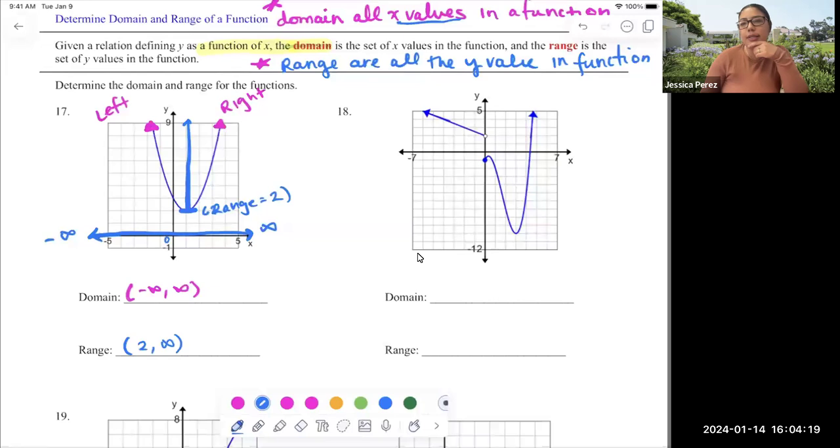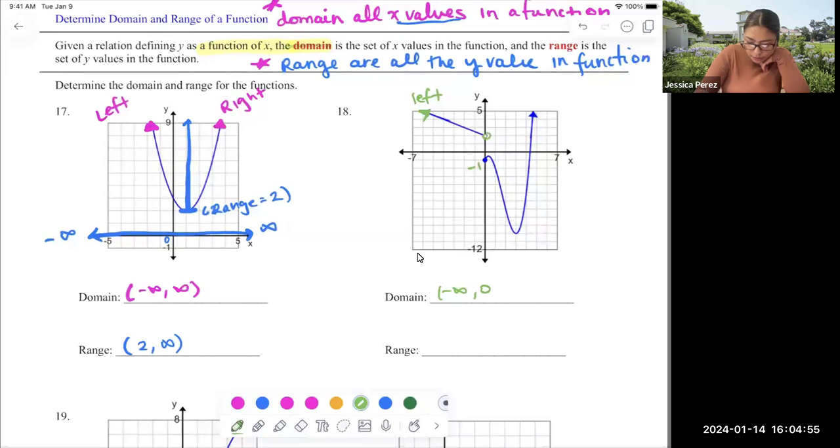Okay? Now, this is a nice smooth graph. Number 18 is different because 18 is split. So we're going to have 2 different values. So if we look at our x's, it begins all the way to your left. So it's going to be negative infinity, but it stops where? At 0. And 0 has an open dot at this value, but then it resumes up here at negative 1.